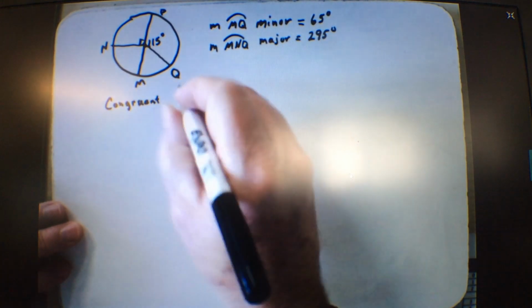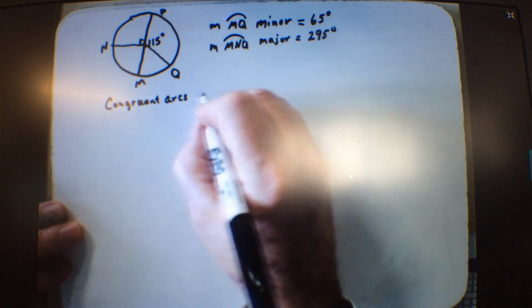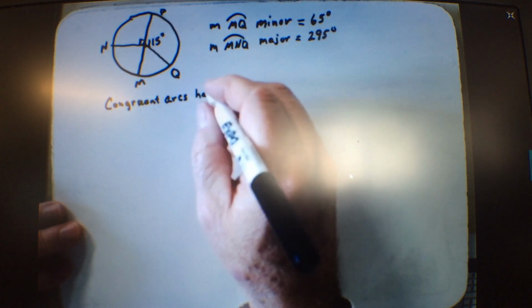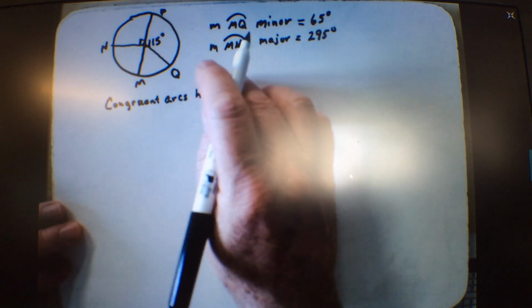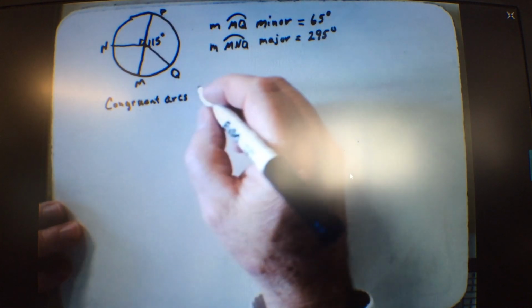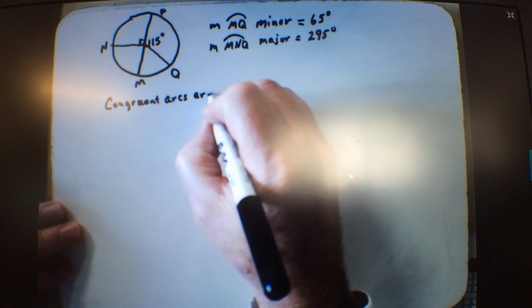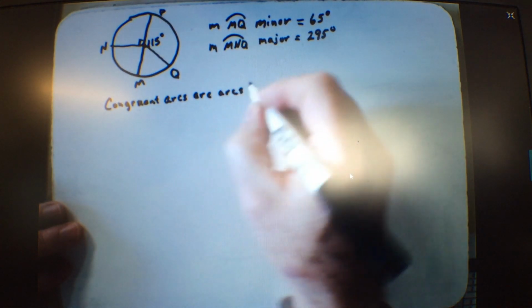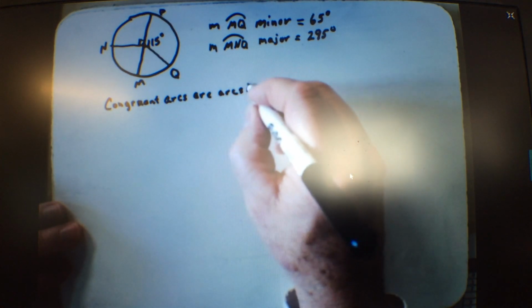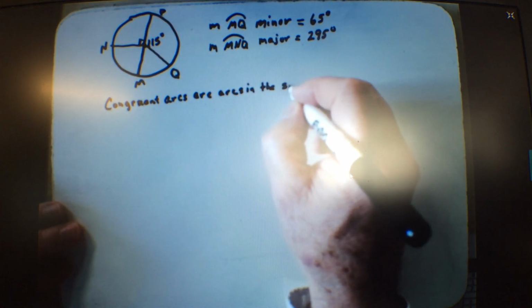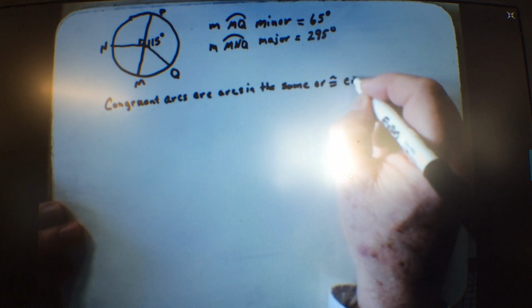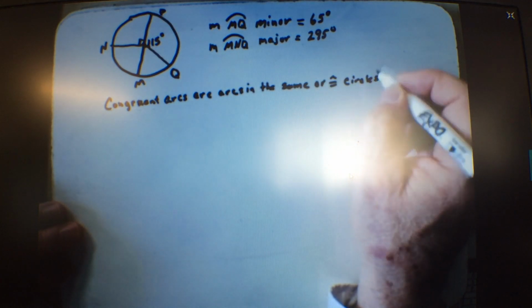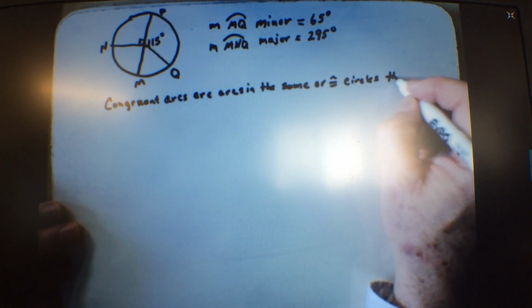Congruent arcs are arcs in the same or congruent circles that have the same measure.